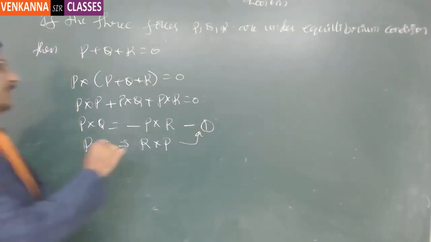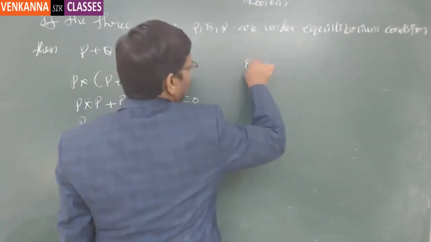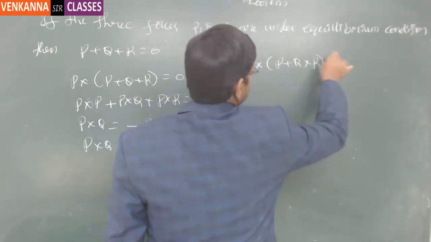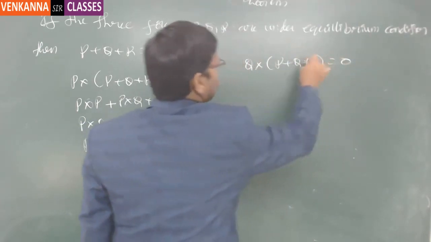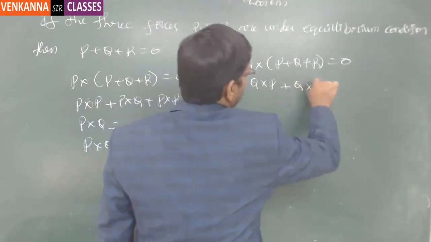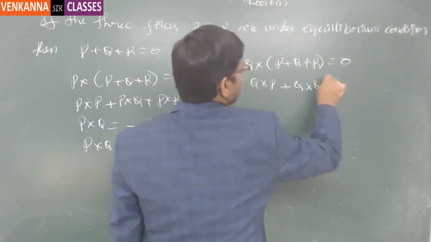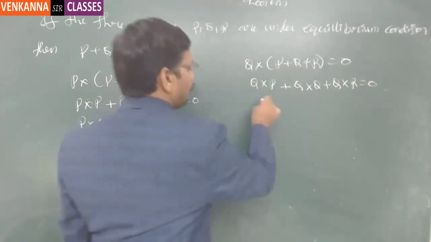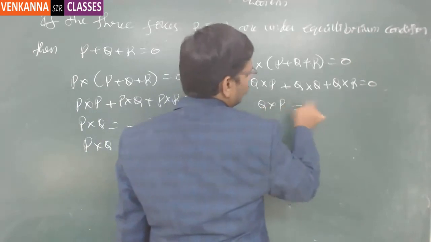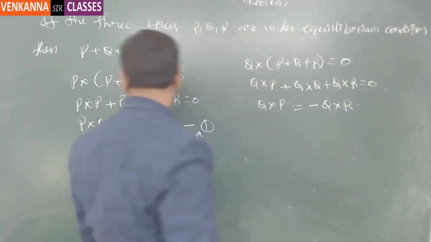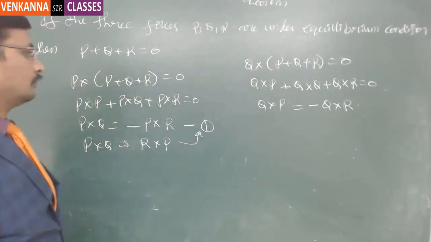And if you take the second relation, that is, if you take the cross product with Q, then Q cross P plus Q cross Q plus Q cross R is equal to 0. So from this relation, Q cross P is equal to minus Q cross R. Right?